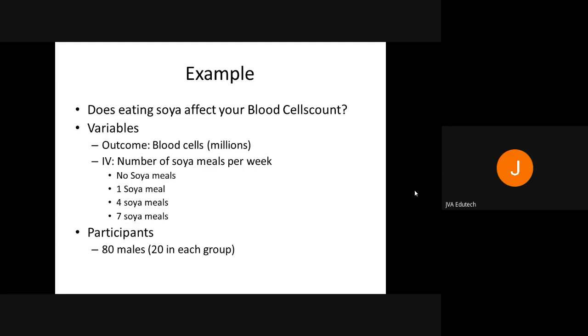Then another group is fed one soya meal. The third group is fed four soya meals, and the fourth group is fed seven soya meals. So we have four different groups, and these groups are independent of each other. The sample size in each group is 20, so we have 80 participants.